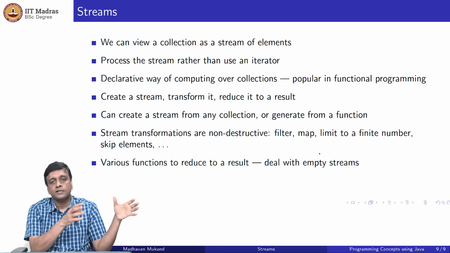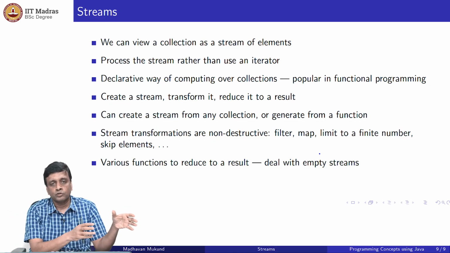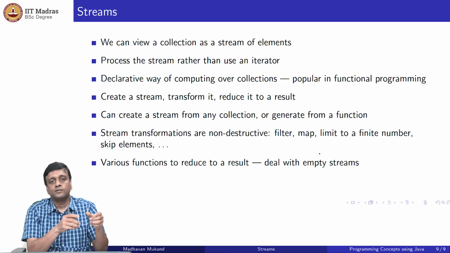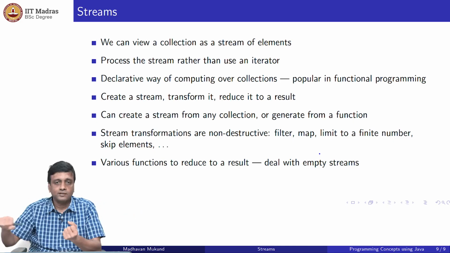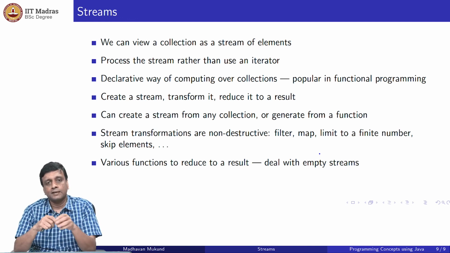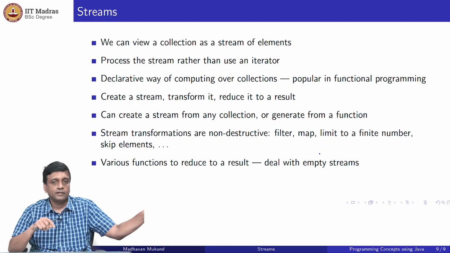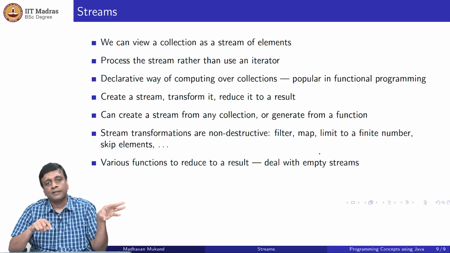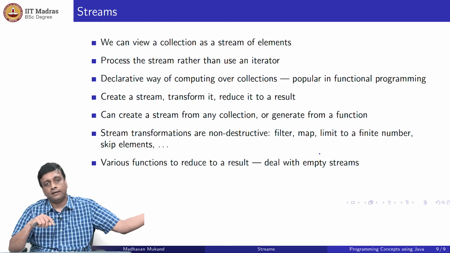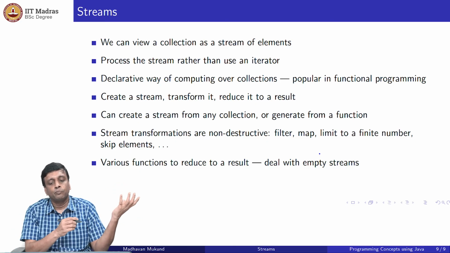We pass it through these stream transformations which are not destructive. They take an input stream and produce an output stream, and then you concatenate them. So it's like connecting a sequence of pipes. You pass the flow through this pipe, it goes through some mixing box, comes out as a stream of values, possibly a different color, in the next pipe, and so on. Eventually at the end of this pipeline, you do something to it to produce a result.